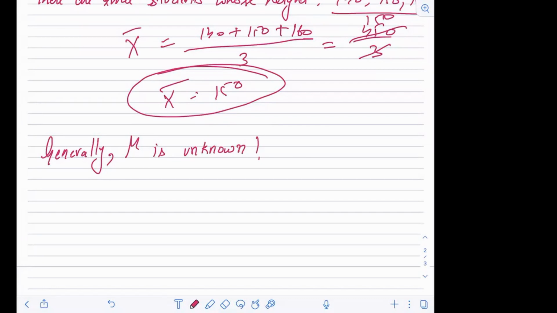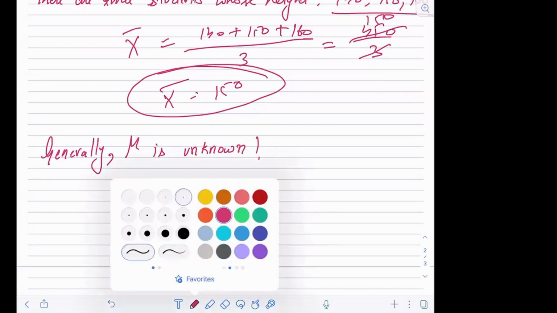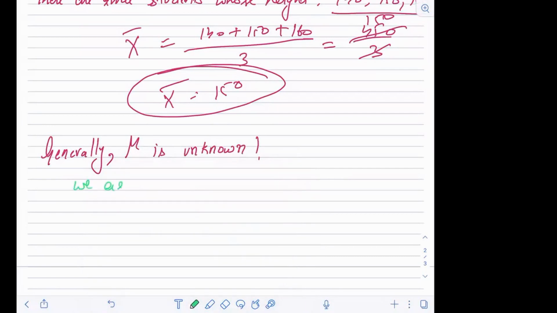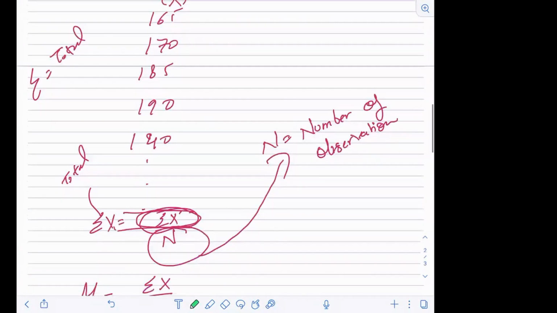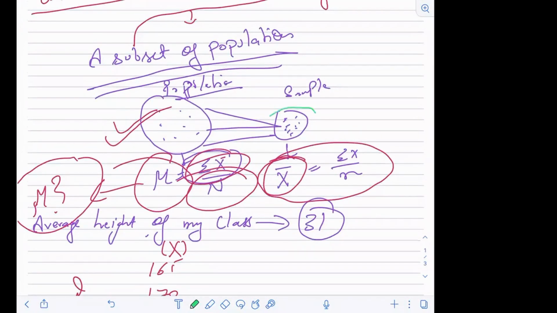So what we do is assume that our mean is actually mu. Now, you may say, Kashif, this is not fair, because the average of this sample cannot represent the average of this population. But in day-to-day life, generally, this is the way we speak. Actually, this is the way we see things happening, right?